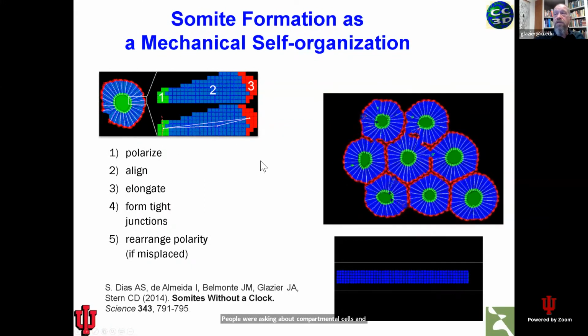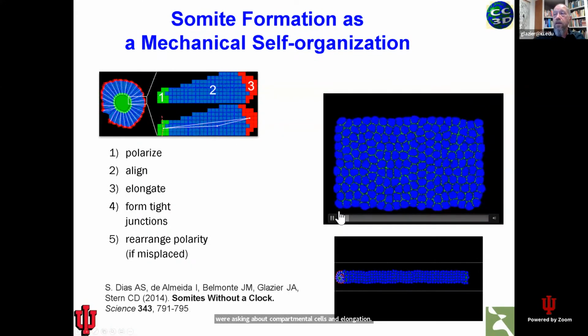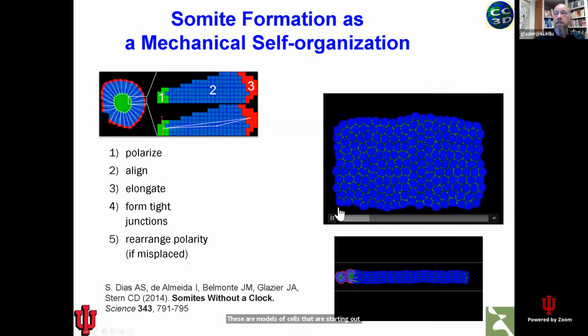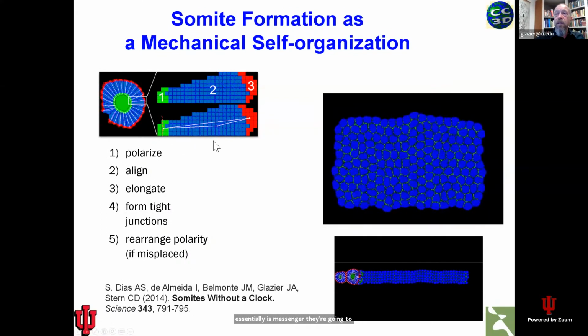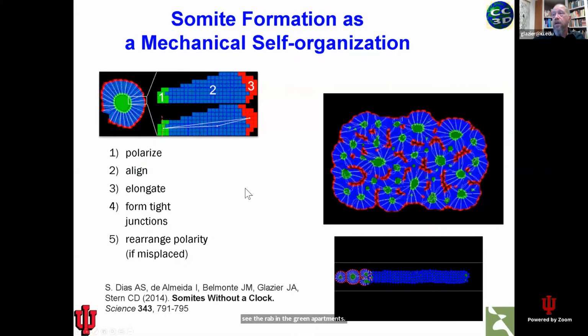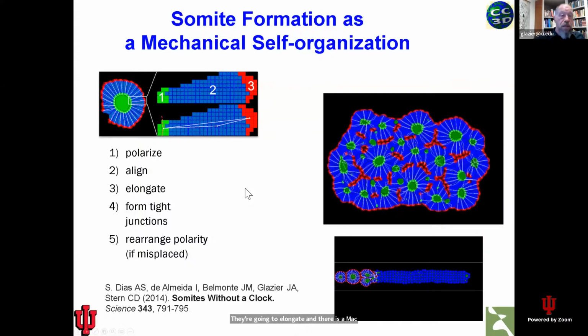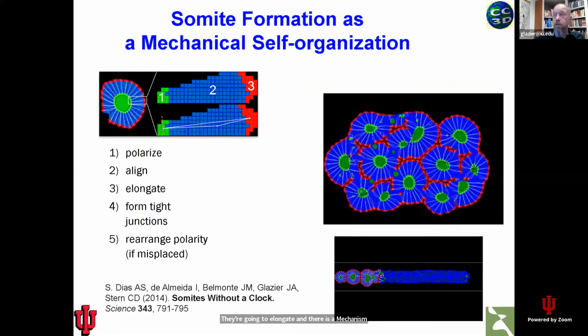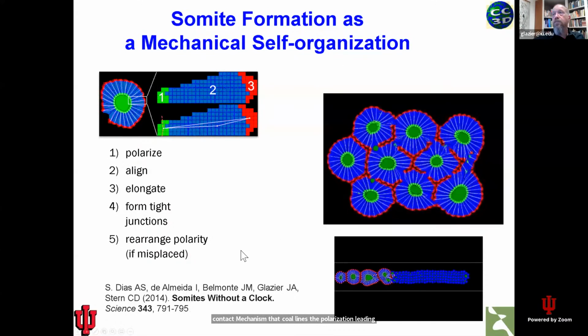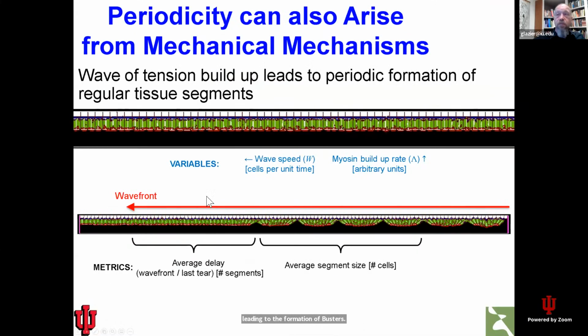These are models of cells that start out essentially as mesenchyme. They're going to polarize. You'll see the red and the green compartments. They're going to elongate, and there is a contact mechanism that co-aligns the polarization, leading to the formation of clusters and somites. We're going to hear from Priyam Ajapok, who took that model a little bit further.